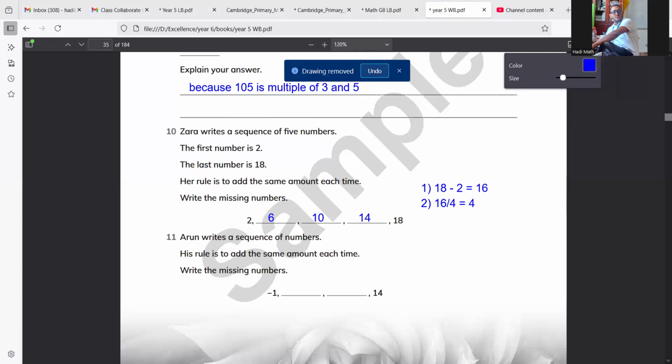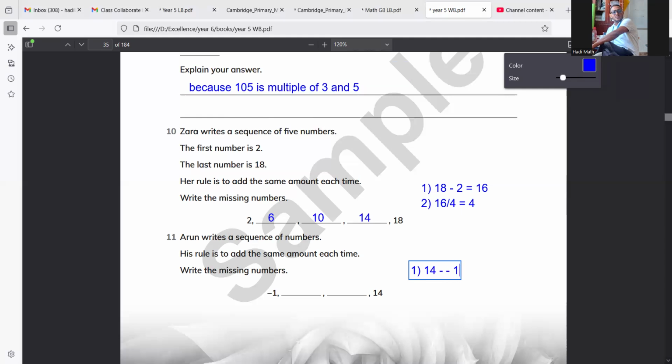Aaron writes a sequence of numbers. His rule is to add the same amount each time. Write the missing numbers. Look, here also we have the same idea. Step number 1, we subtract the first term minus the last term. The last term is 14 minus the first term, which is negative 1.